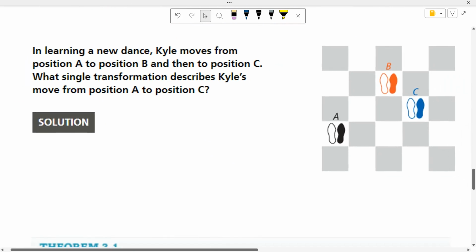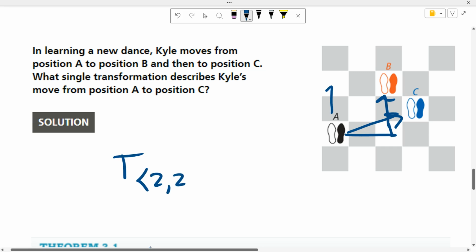Okay, in learning a new dance, Kyle moves from position A to position B and then to position C. What single transformation describes this? Because the first transformation, he goes to the right 2 and up 2. Then his second one, which we put on the left, he goes right 1, down 1.